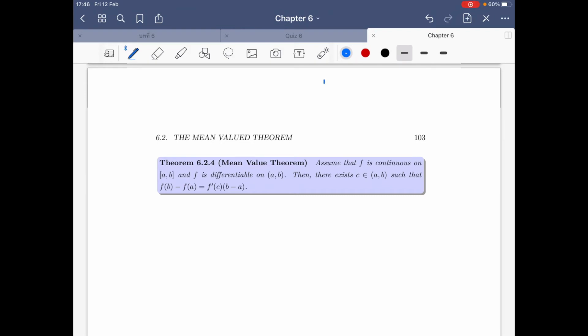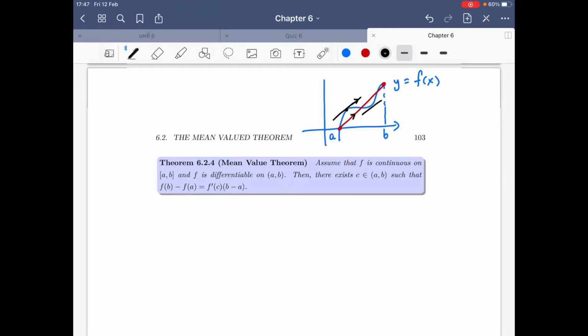If you have your f like this, y equals f of x, which is again continuous, and also differentiable at each and every point inside the interval from a to b, then if you find the secant line connecting the points (a, f(a)) and (b, f(b)), you can find a point inside this open interval (a, b) so that the tangent line will be parallel to this secant line.